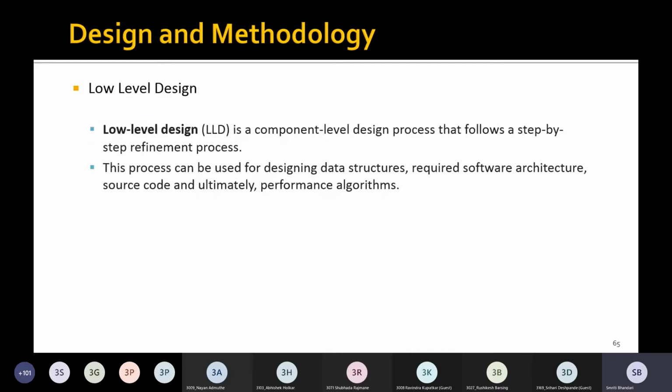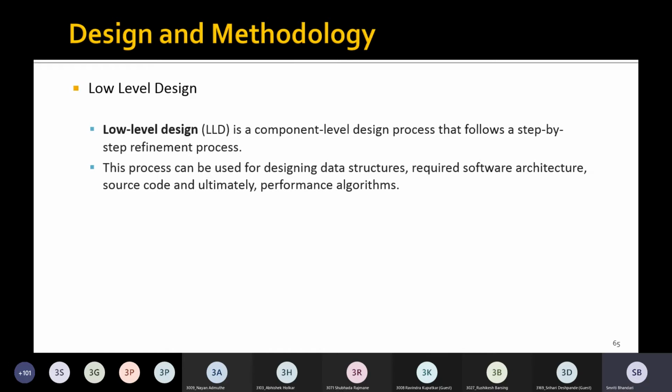So after providing the high level design, you should go with low level design. So in low level design, you should provide the component level design, right? So step by step detailed procedures you need to mention, right?